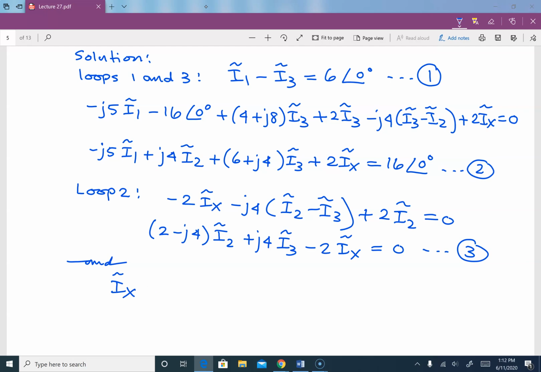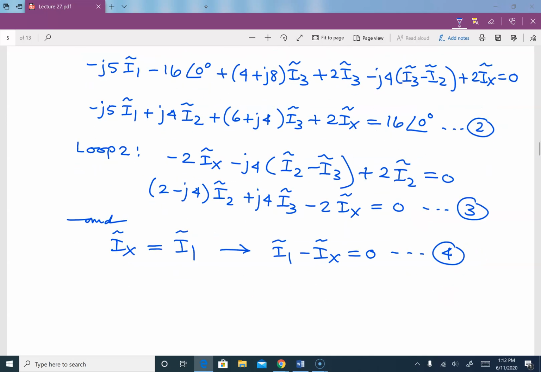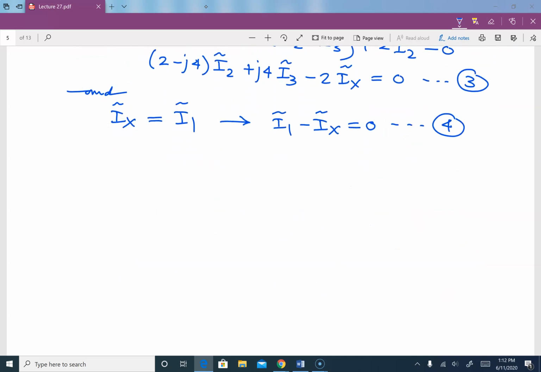Our Ix is equal to I1, which means we can write I1 minus Ix is equal to 0. And this is our fourth equation. So now we have 4 equations in 4 unknowns. We put them in matrix form and then solve.